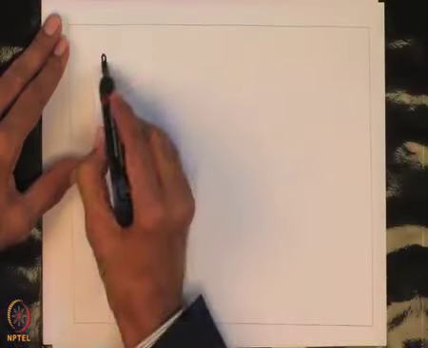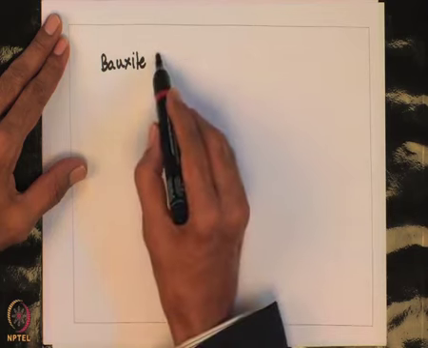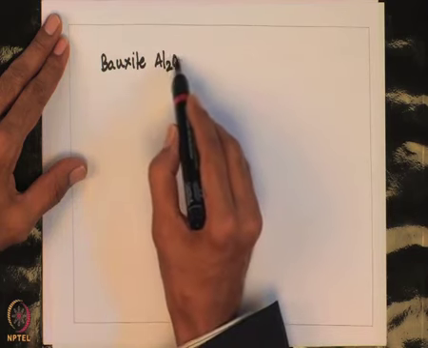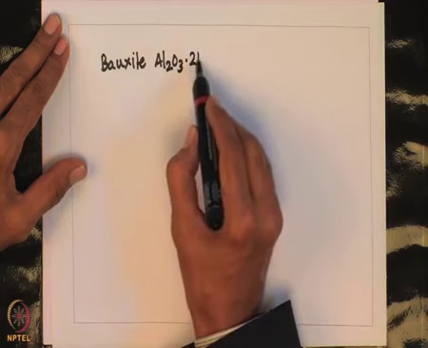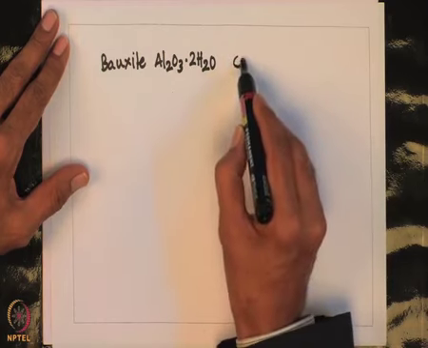We know the most abundant one in the Earth's crust is oxygen, next one is silicon, and third one is aluminum. The most common ore of aluminum is bauxite, which is nothing but hydrated aluminum oxide, and there is one more ore of aluminum, called cryolite.